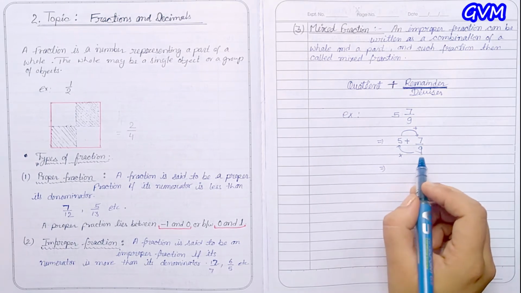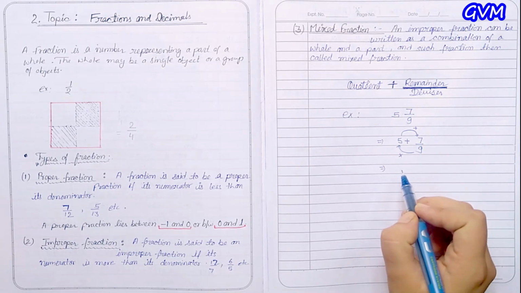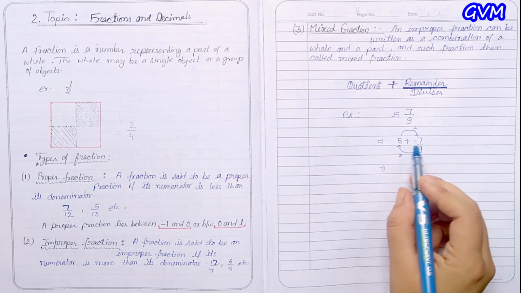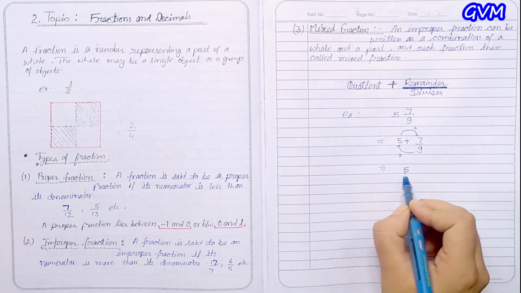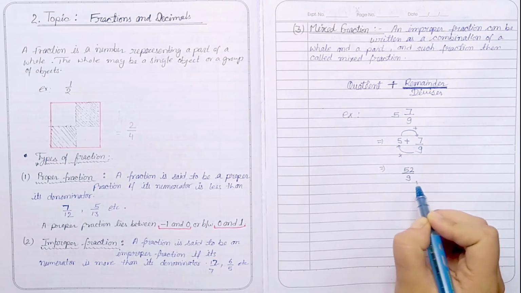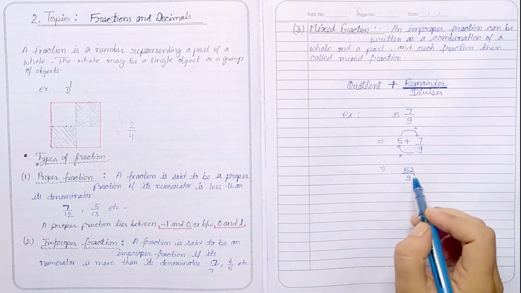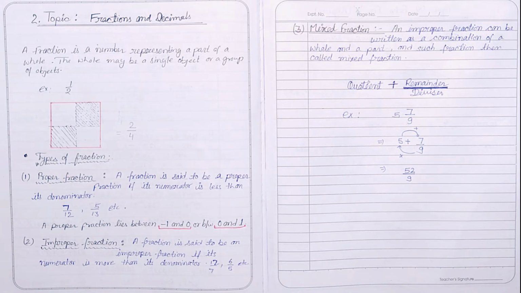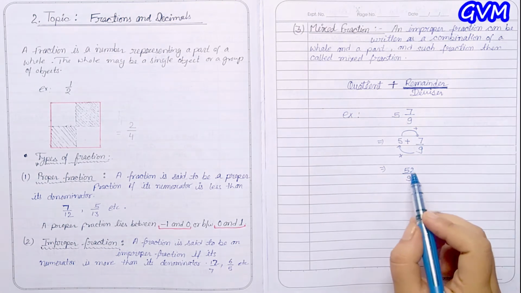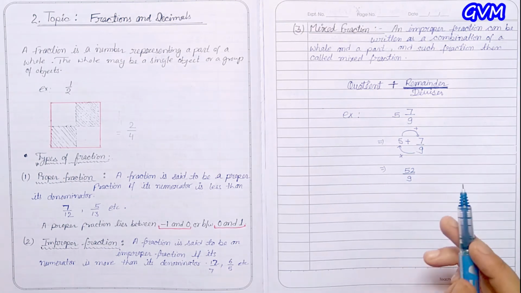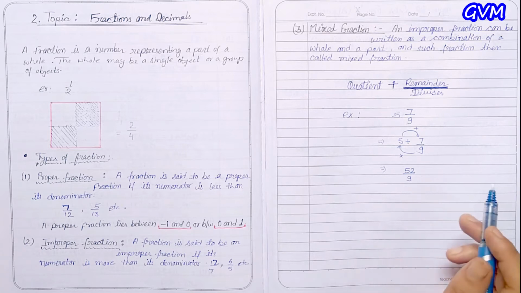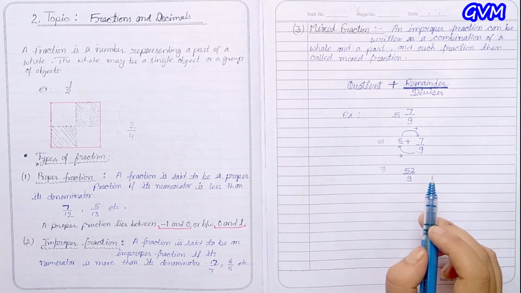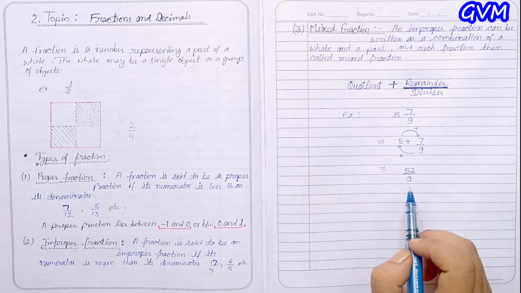Okay, so this will become 9 5s are 45 and 45 plus 7 is 52 upon 9. So this is that improper fraction we were talking about. Similarly, all the other examples you can take and see how you can change improper fraction into mixed fraction and convert them back into improper fraction.